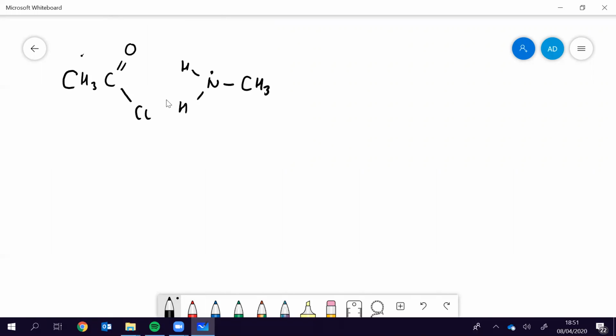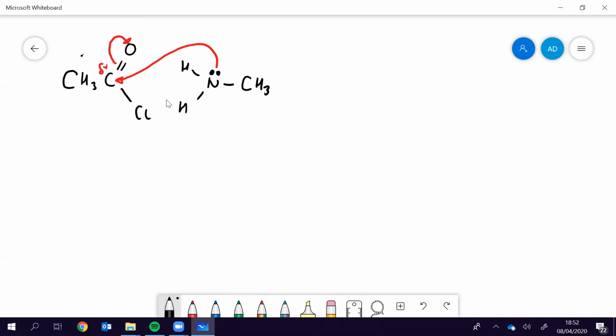So we've got a lone pair on the nitrogen. We've got our delta positive on this carbon. That is going to attack there and form a bond. Of course, that means that one of the bonds on this carbon has got to break, and it's the pi bond which breaks. The pair of electrons go onto the oxygen.